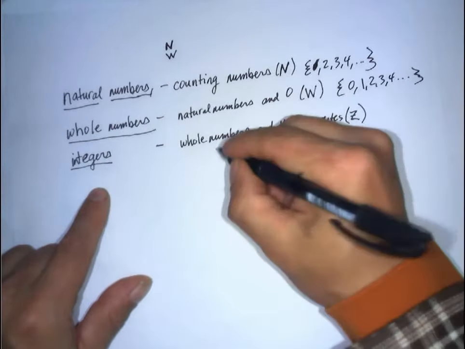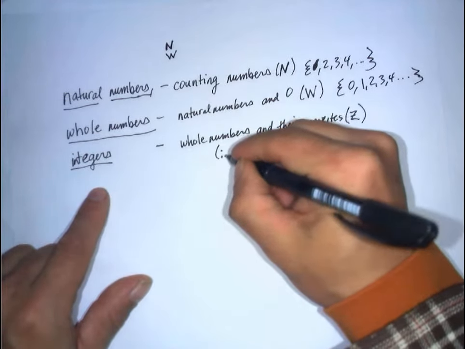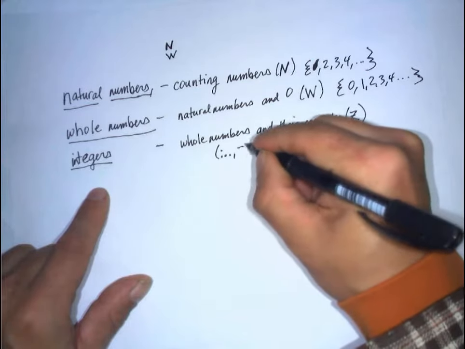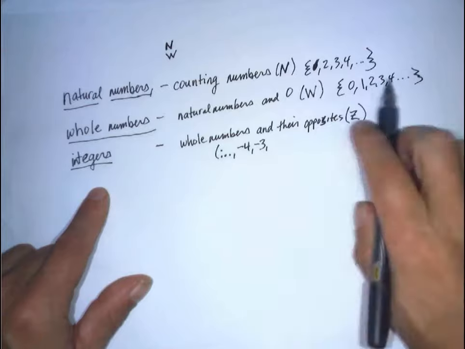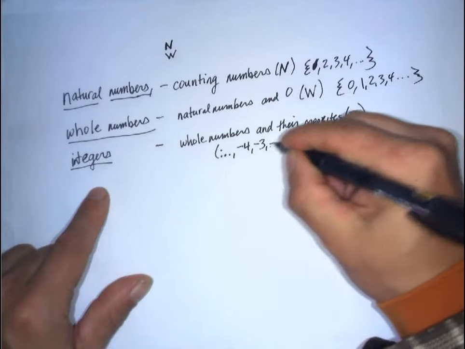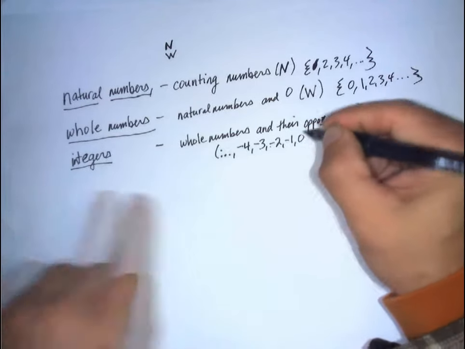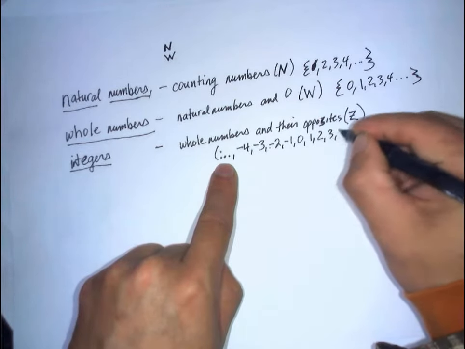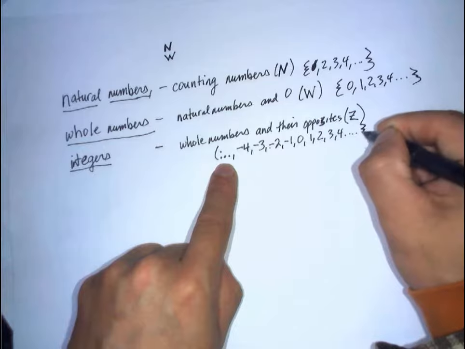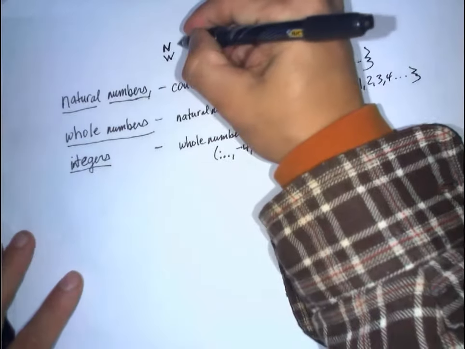That's where the Z comes from, if anyone cares to know that. So it's 4 and -4, 3 and -3, 2 and -2, but they go all the way to negative infinity. Okay, and that's on this side too. These are a little bigger, so we'll write them as Z.